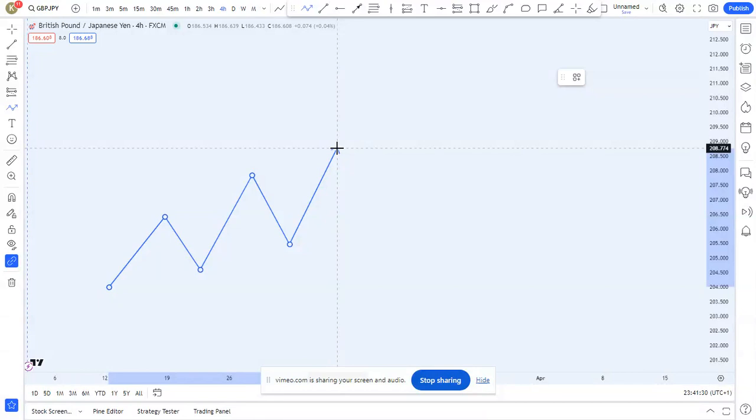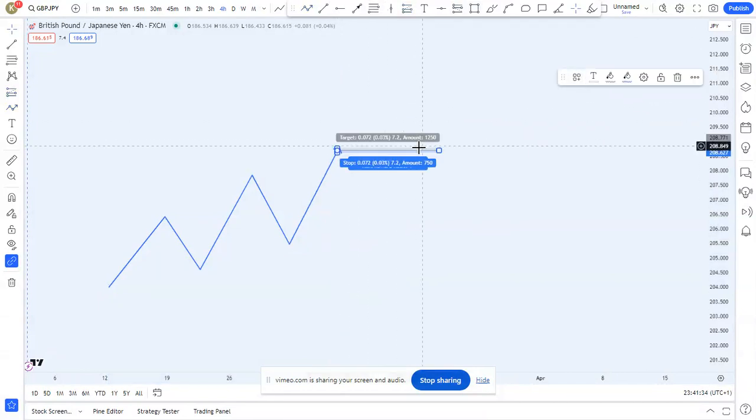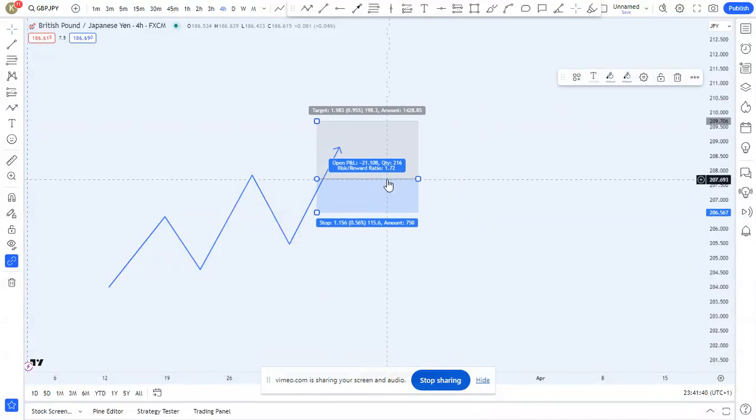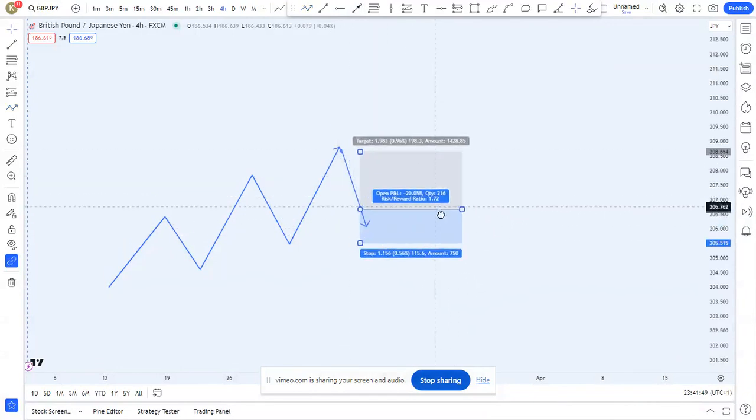So if you're to buy in an uptrend, where are you gonna buy? Are you gonna buy here? Are you going to buy here like this or here? If you buy when prices are high, you most likely lose.